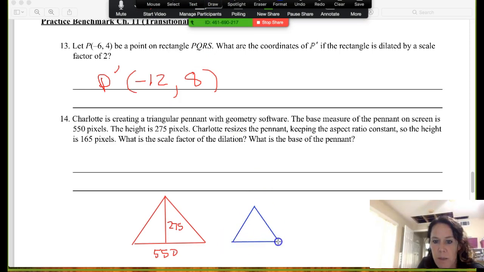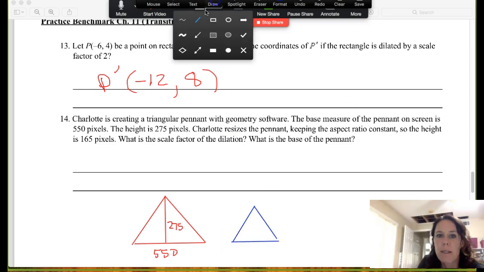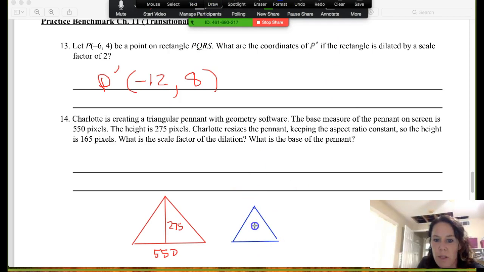And she wants the new height to be 165 pixels. What is the scale factor of the dilation, and what's the base? So the base we don't know, right?